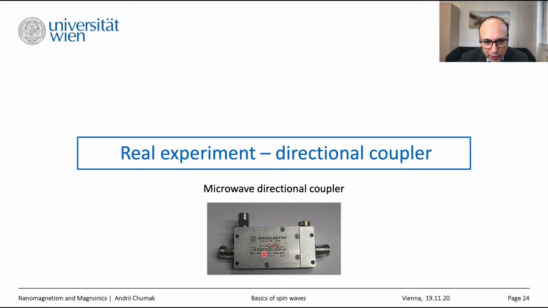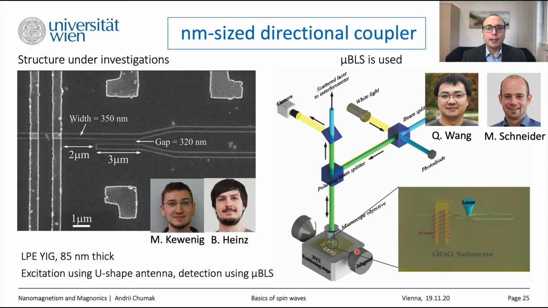So here is written minus 10 dB, which means that 10% goes here and 90% goes straight. This directional coupler was also shown for spin waves on macroscopic scale. What we did, we just brought everything to nanoscale, and we have also shown fancy nonlinear physics, and how you can use this directional coupler to build a computer. But today it's not the topic of this mini lecture, so let us just see how it operates.